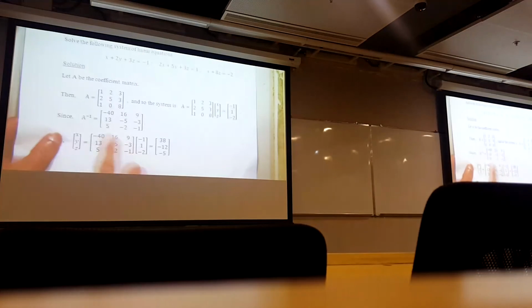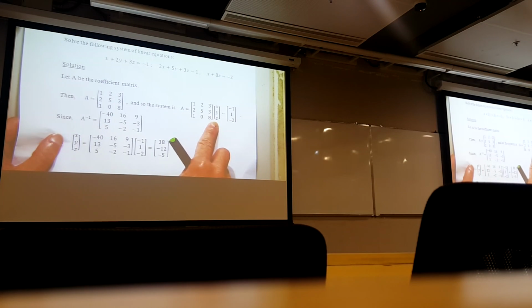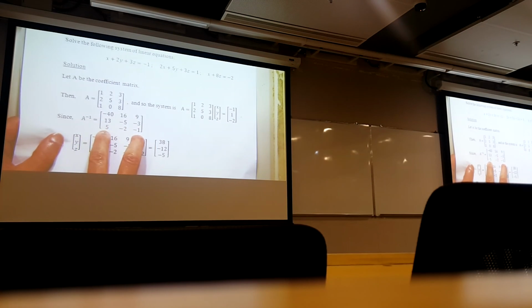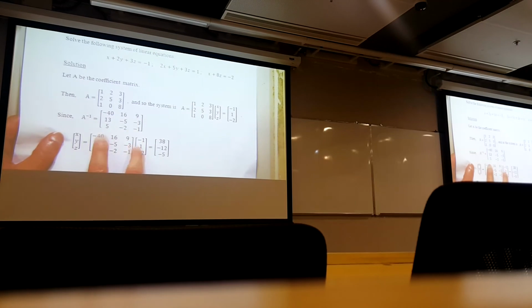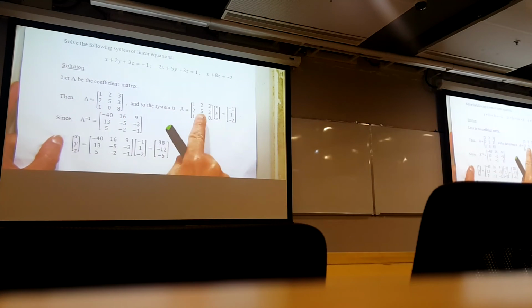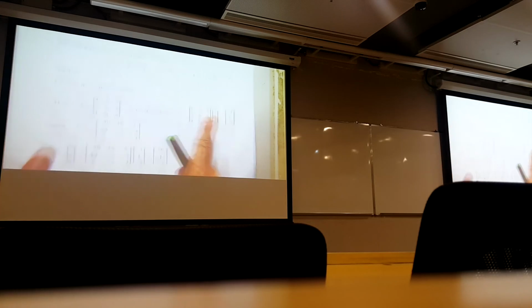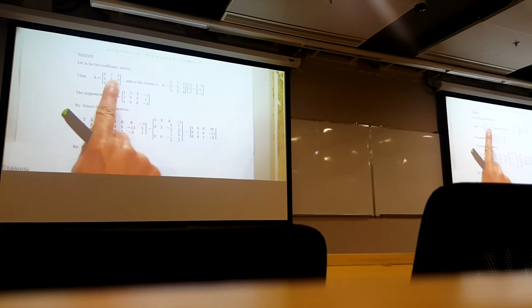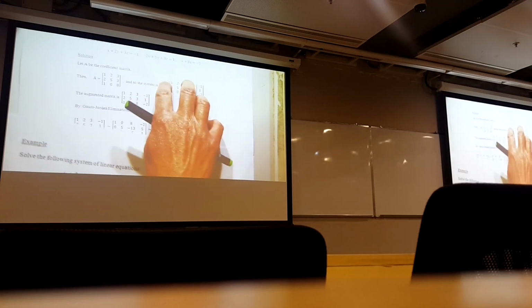This one, you use the inverse. By using this method, it is just mechanical work. You do not have to think anything. Follow the rule: determine the coefficient matrix, the same as this one. No change, no difference between these two methods.